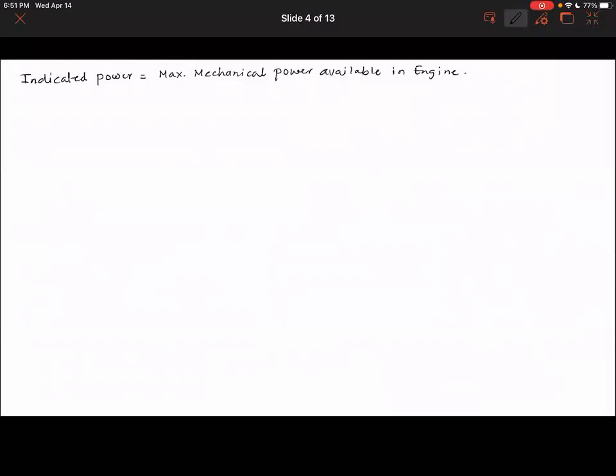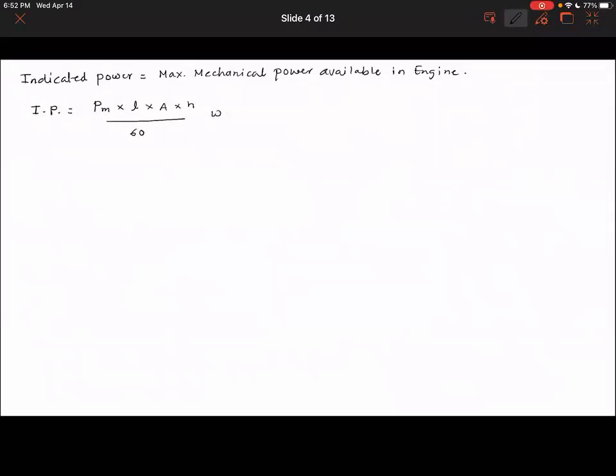And we want our engine hardware or engine components, cylinder, piston, all sub assemblies, to be able to sustain this indicated power. If you look at the equation for the indicated power, IP is equal to PM, which is the indicated mean effective pressure, times L multiplied by A multiplied by N divided by 60.